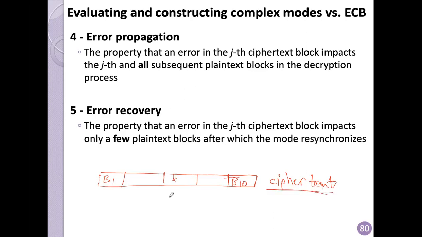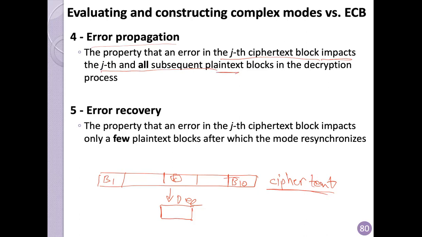Of course, if you want to decrypt this, this specific block cannot be decrypted properly because one bit is now wrong here. So error propagation points to the property that an error in the i-th block impacts the i-th block and all subsequent blocks in the plaintext.